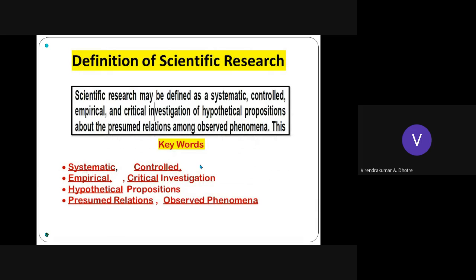Then there is a scientific definition of research, which says that scientific research may be defined as a systematic, controlled, empirical, and critical investigation of hypothetical propositions about the presumed relations among observed phenomena.